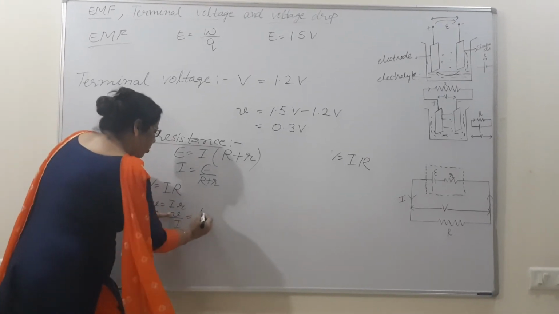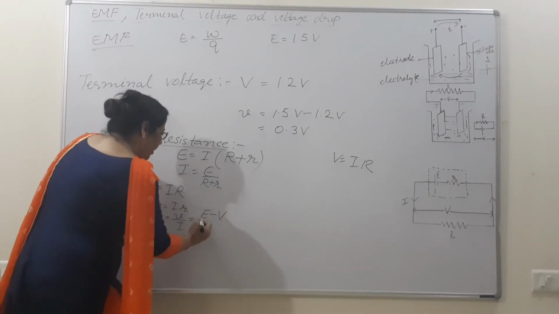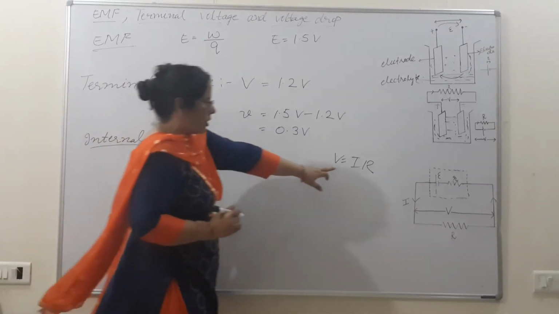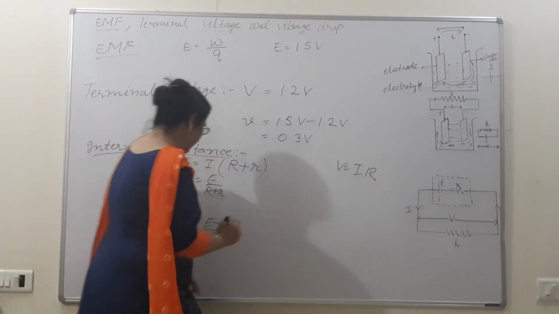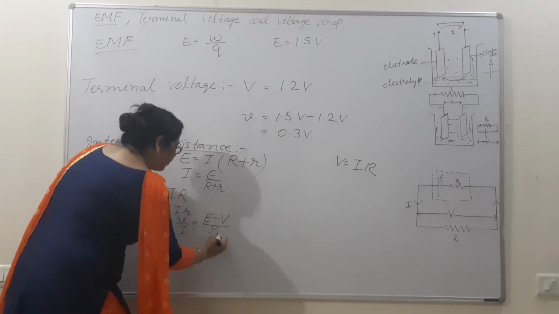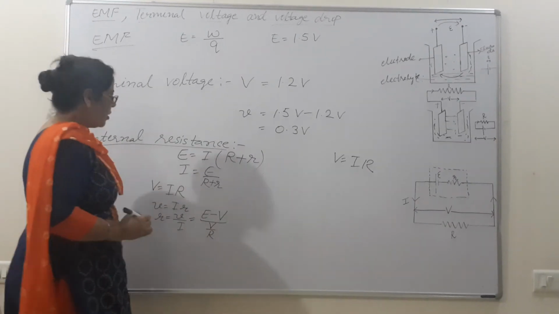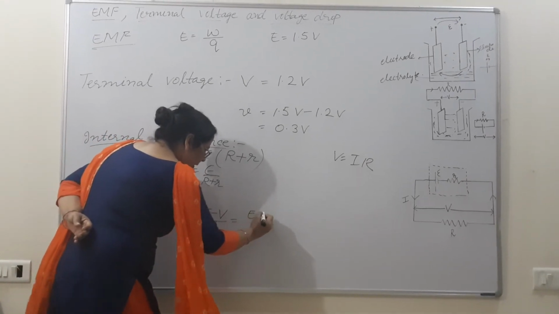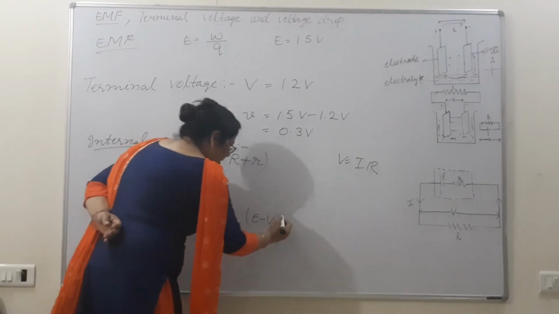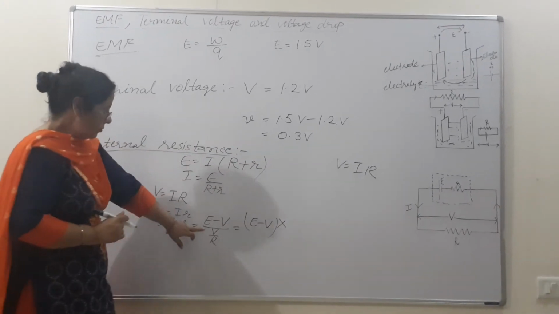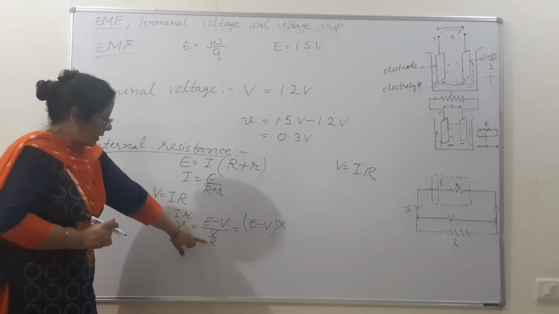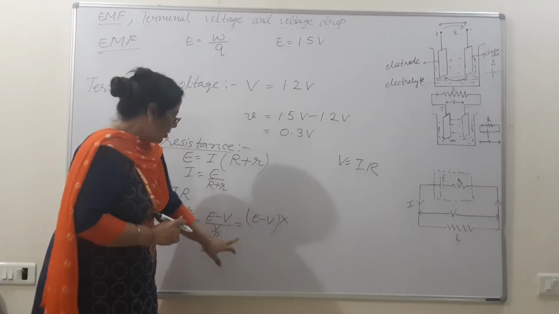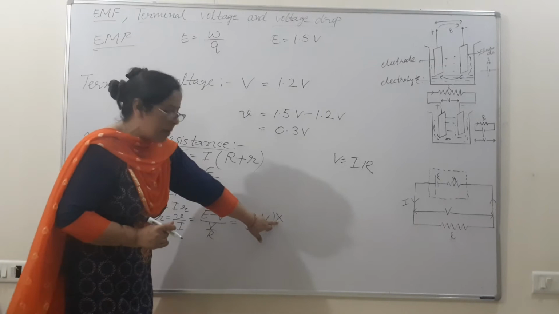It will be equal to E minus V divided by I, and for I we will use the formula I equals V divided by R. So the next step will be E minus V multiplied by, because here we are taking V by R, we are changing this division sign to multiplication.